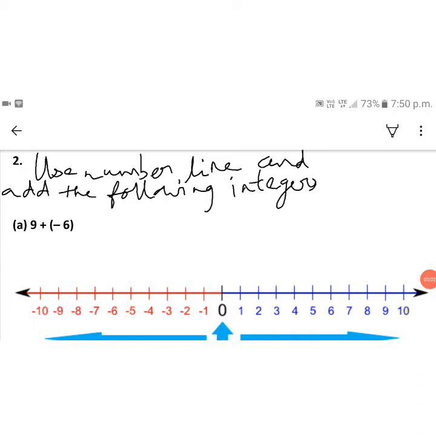Question number 2. Use the number line and add the following integers. A part, 9 plus minus 6. Here first we move 9 steps to the right from 0.